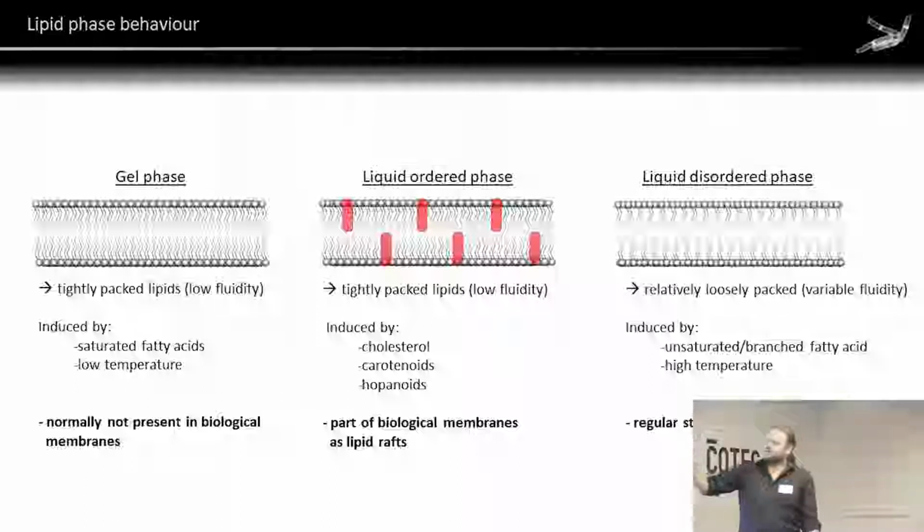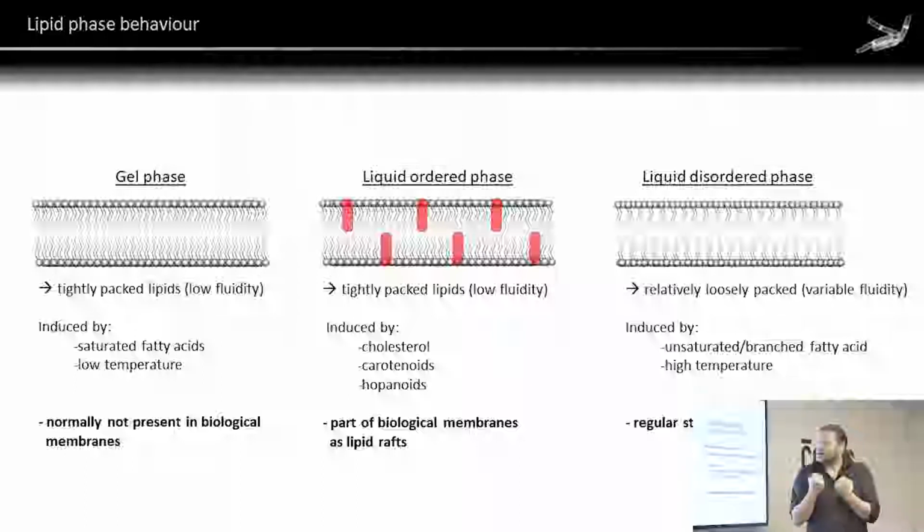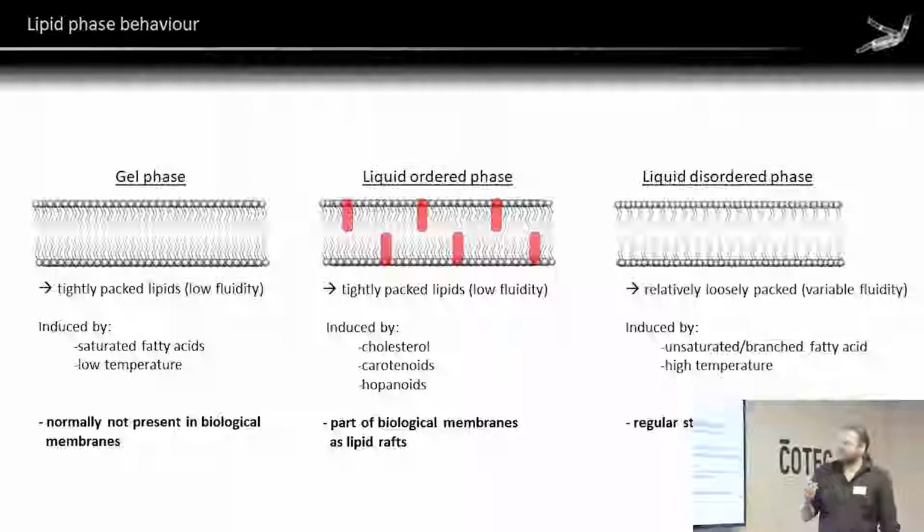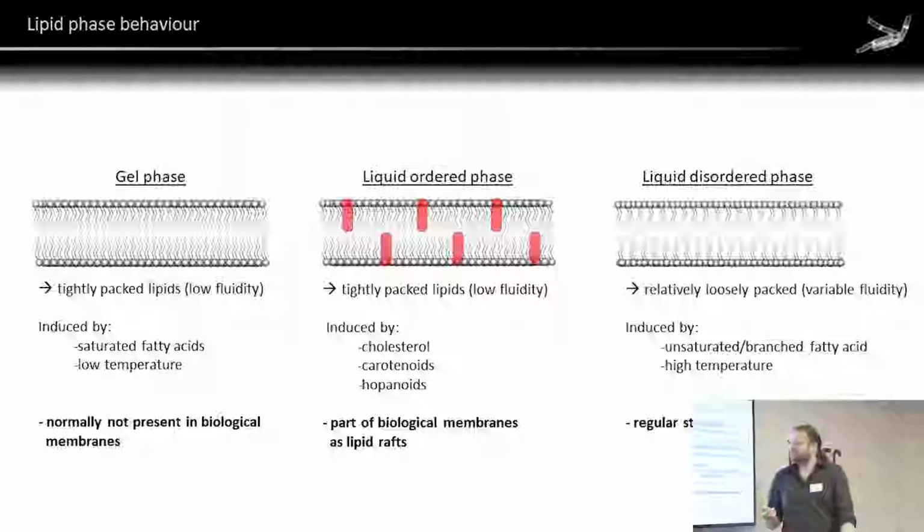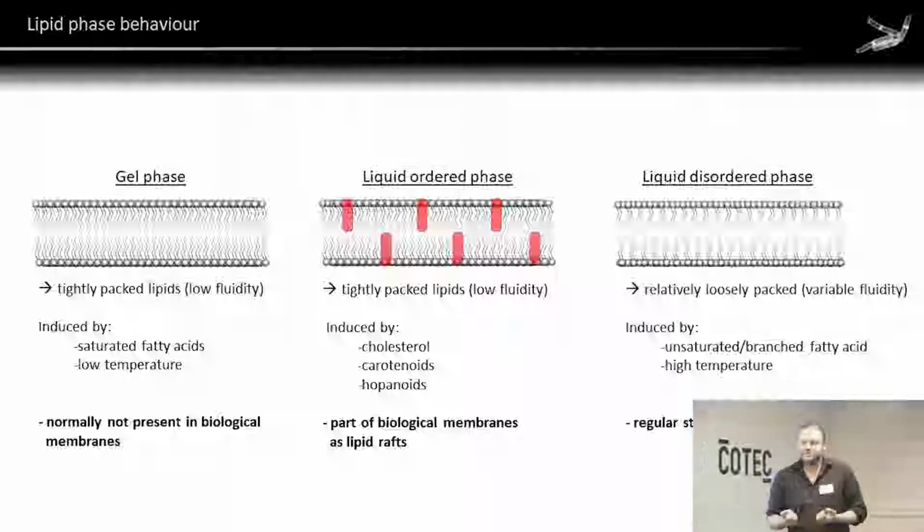So membranes can come in the so-called gel phase, where the lipids are really tightly packed and have low fluidity, and this is promoted by saturated fatty acids at low temperature. But these are not normally present in biological membranes, at least they are not thought to be. Then there's the liquid ordered phase, which is also tightly packed and has more fluidity. But these are induced by compounds like cholesterol and carotenoids and hopanoids. And these are part of biological membranes as lipid rafts.